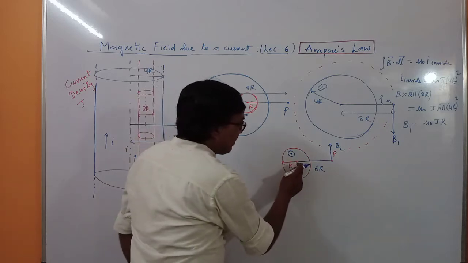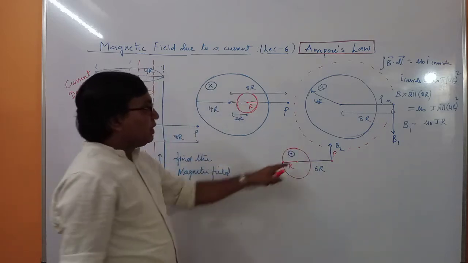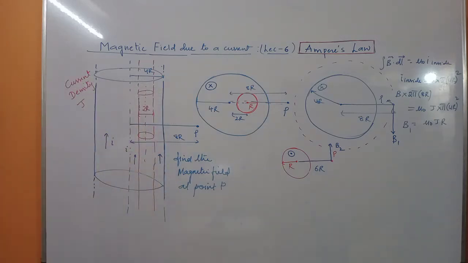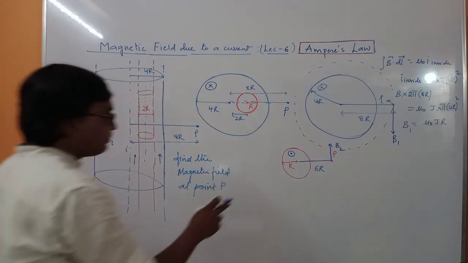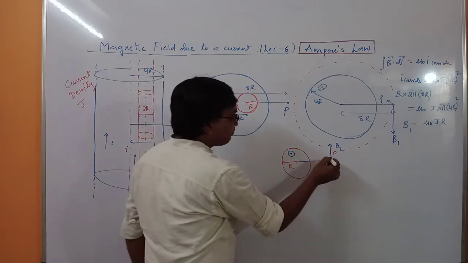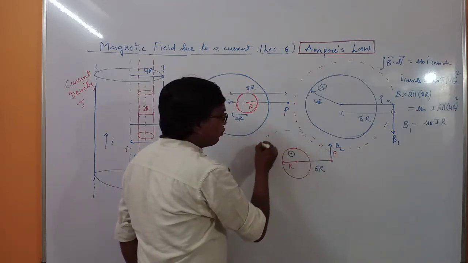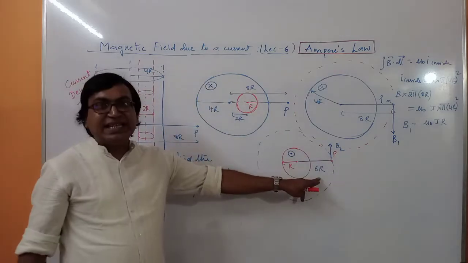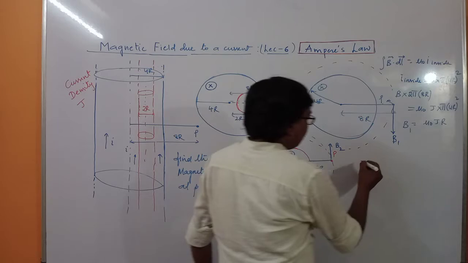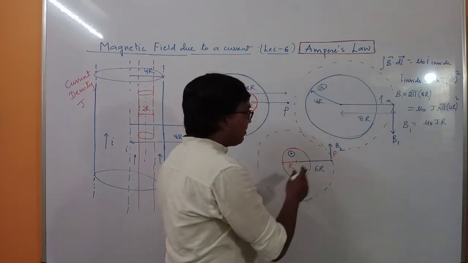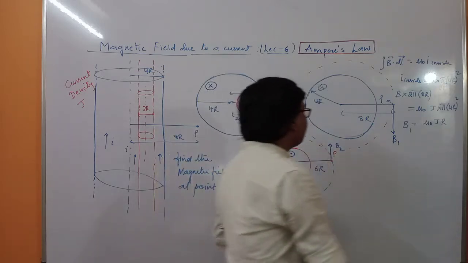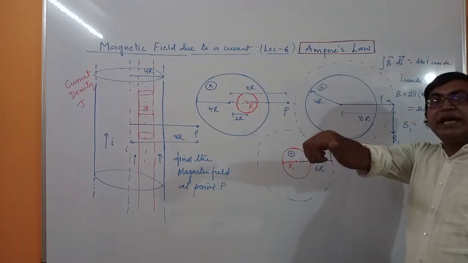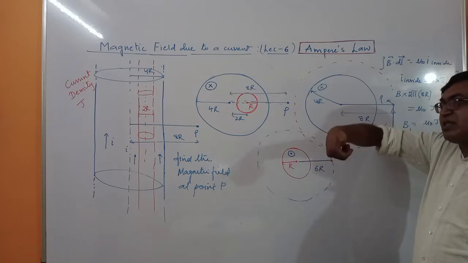Now let us calculate the magnetic field due to this small cylindrical wire. The Ampere's loop will pass through a radius of 6r. Then integral B dl, again see here the magnetic field will be in the upward direction. By the right hand thumb rule, with the thumb in the direction of current, the magnetic field is upwards.